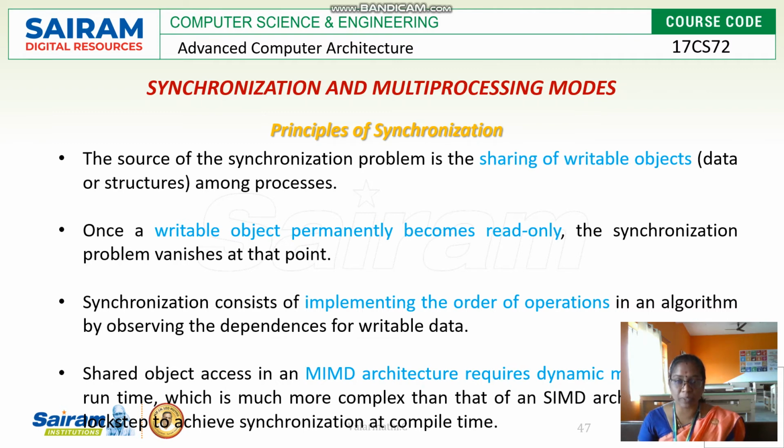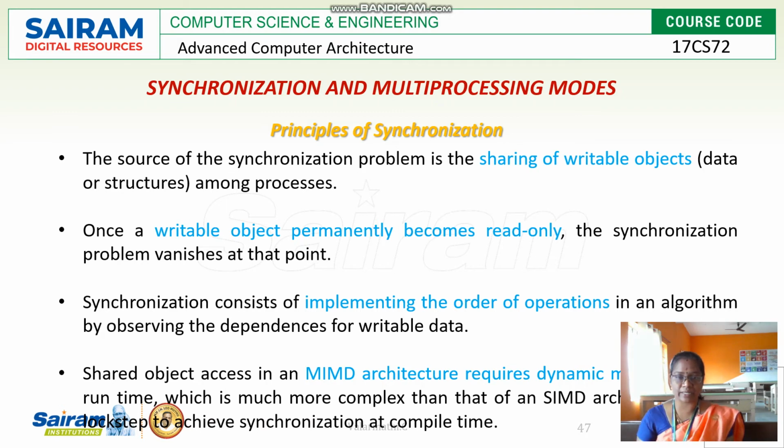Synchronization consists of implementing the order of operations in an algorithm by observing dependencies of writable data. So this will have the order of operations. How is this order maintained? By observing the dependencies of writable data.